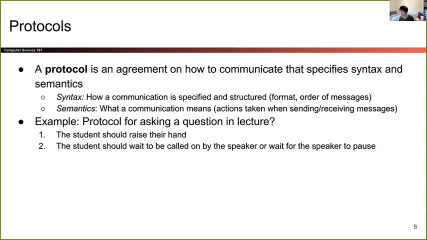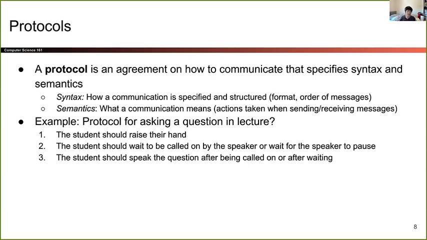In a larger class, maybe the second part is irrelevant, but the idea is the student can't just immediately speak right away. They have to wait as part of this protocol. Otherwise, they're just being rude. Step three, the student speaks the question after being called on or after this waiting period.